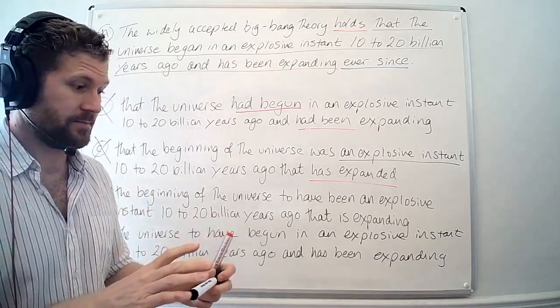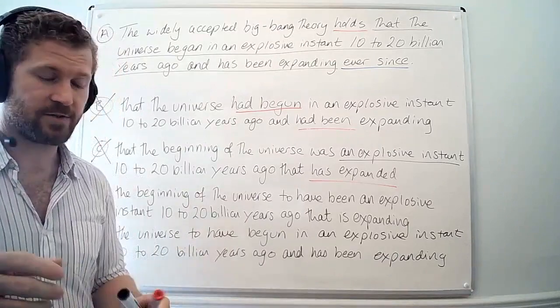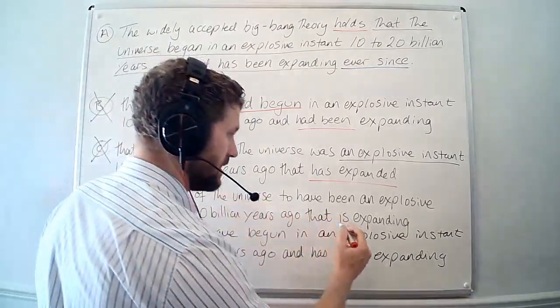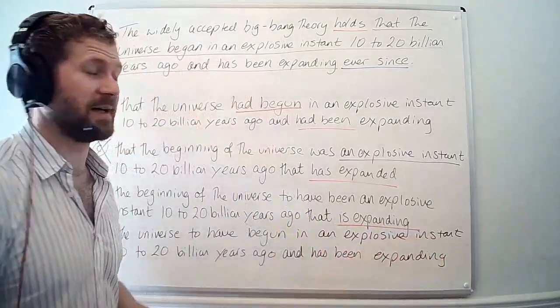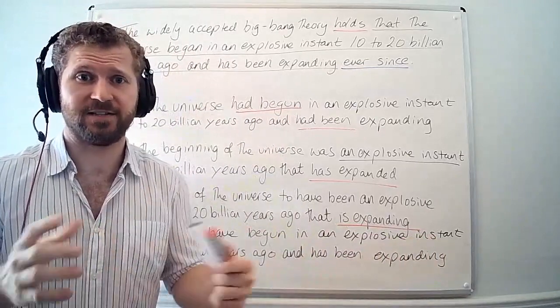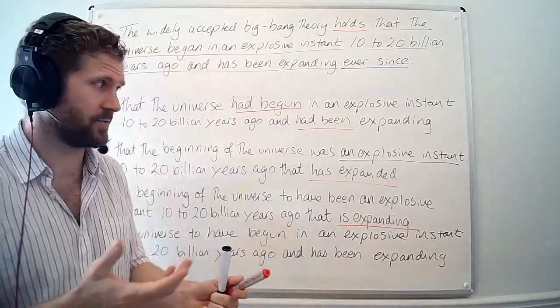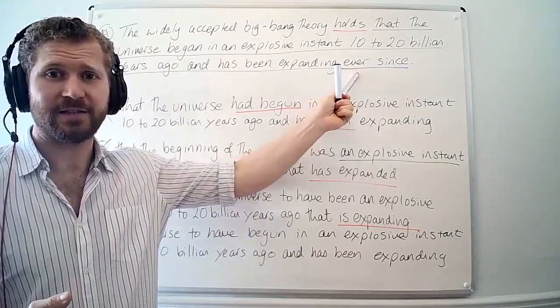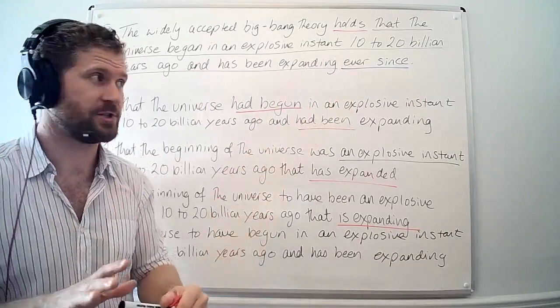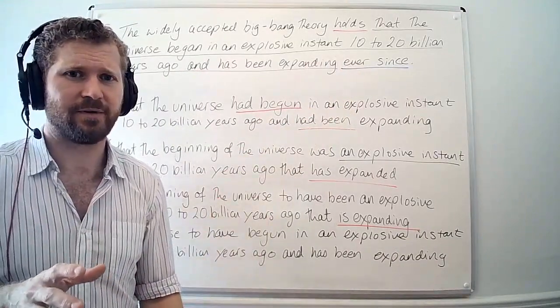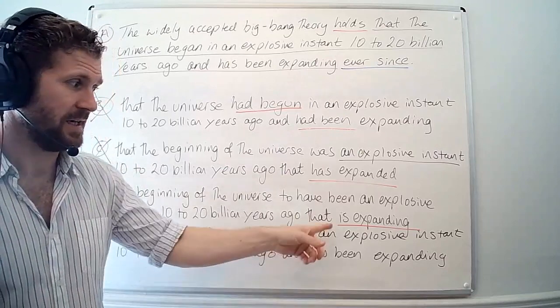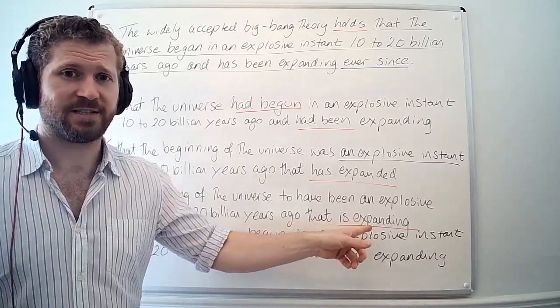Now I'm going to stay looking at this part at the end of the sentence when we start looking at D. We've got "is expanding ever since." Now, just on a tense issue alone, that's not great. We've got something in the sentence, not in the underlined portion, that suggests that we're probably going to be using the present perfect here. That is "expand." I've just got present tense here.